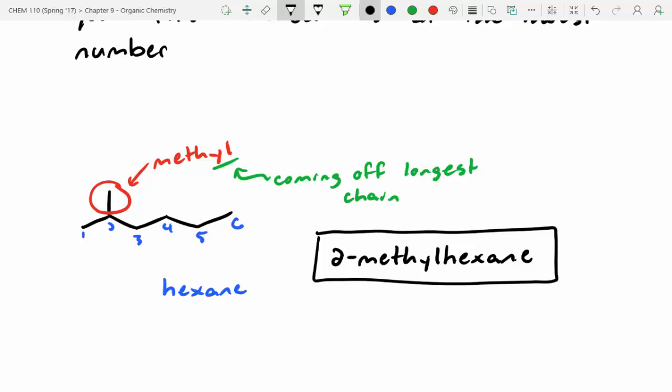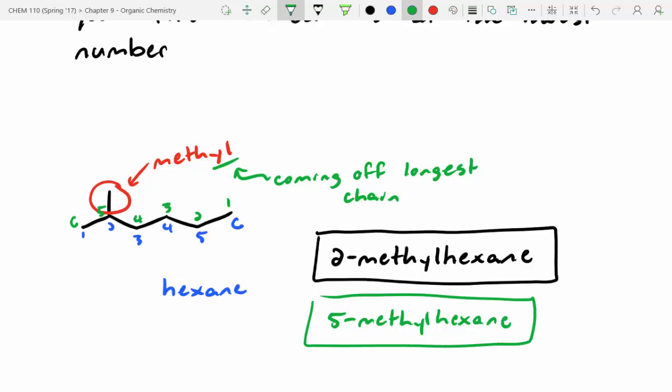The common mistake I see people make is they'll say, well, why don't I go 1, 2, 3, 4, 5, 6? And in this case, why don't we call it 5-methyl hexane? Which rule did we say we want to use?